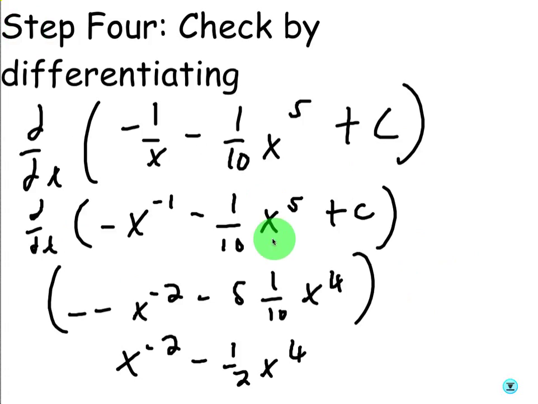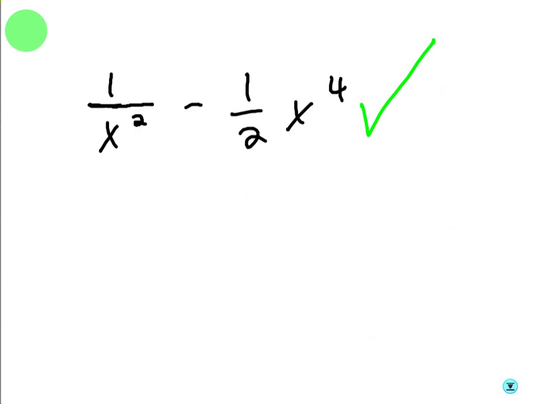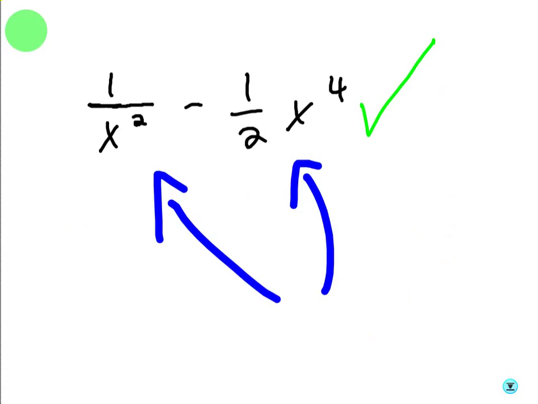You guys are getting really good at this by now, to where you know your derivative rules, and you'll notice that finally you get the original function you started with. Once you finally convert it, you'll get 1 over x squared minus 1/2 x to the 4th, which is what you started with. And again, the derivative of c is 0, which is why it goes away. But it's also why we need to include it in our antiderivative answer.